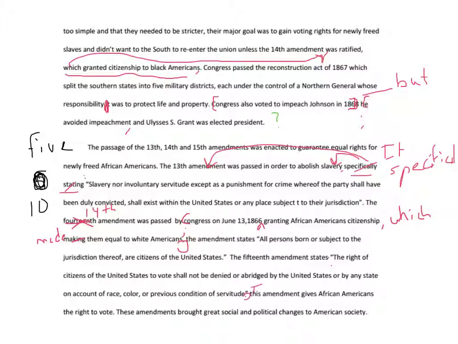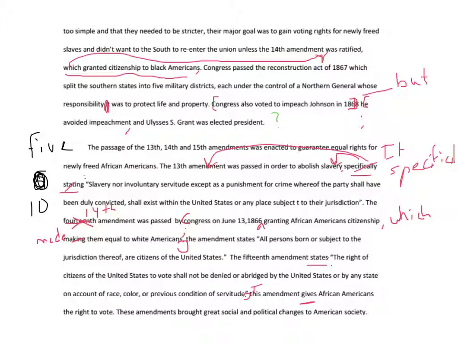This amendment, so I'm interested that you use the present tense here. This amendment gives African Americans the right to vote. It is kind of confusing because earlier you were using the present tense too up here.